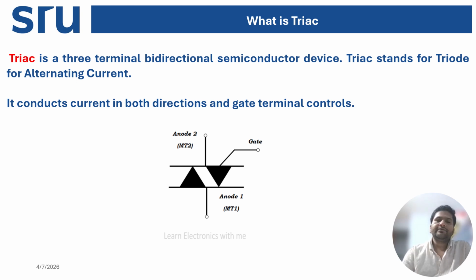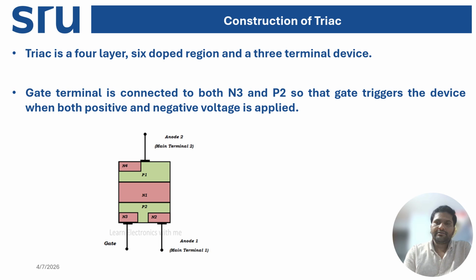So next, what is the construction of the TRIAC? The TRIAC is a bidirectional semiconductor device designed to control current in both directions. Its construction is more complex than a simple SCR, silicon controlled rectifier.